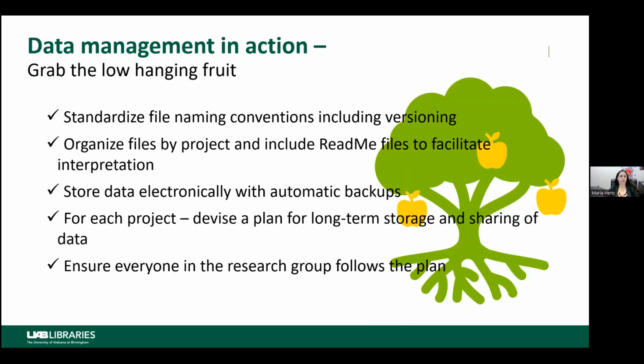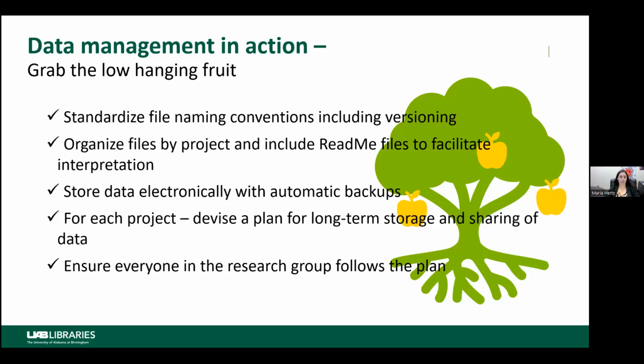So, in closing, I want to let you know that this is a lot, and it could be very intimidating to try to implement this all at once. But I think there are a few small things that you could do right now that would really up your data management game. Start standardizing file naming going forward. Make sure you're versioning things. Keep projects organized.